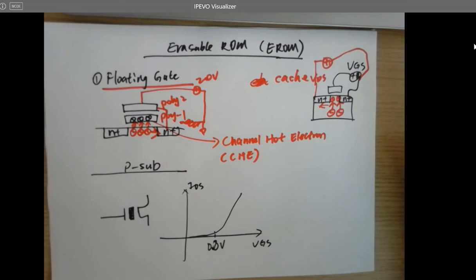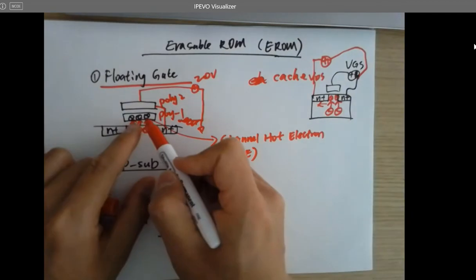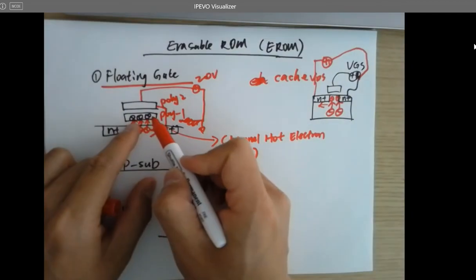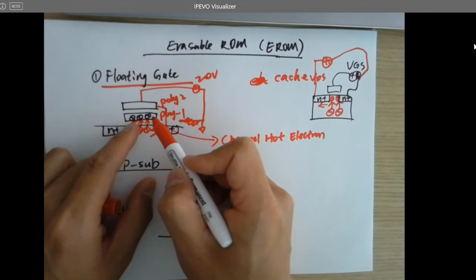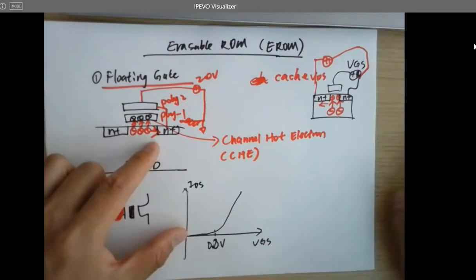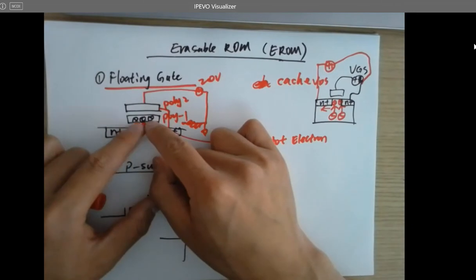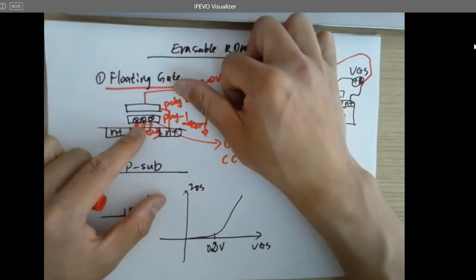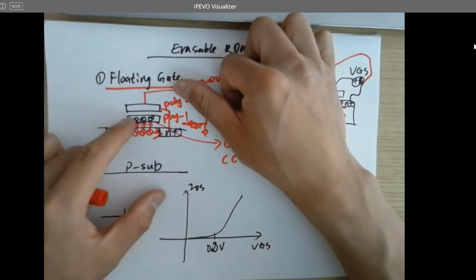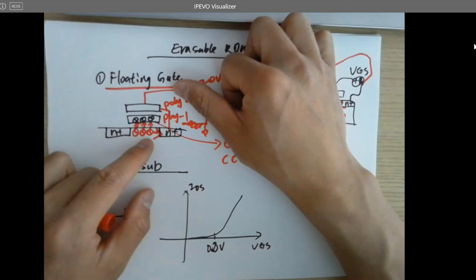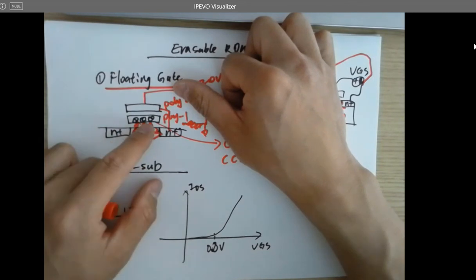Can you imagine? Just think about if there are not electrons trapped in poly 1, but some positive charges, holes, being trapped in poly 1. If you have enough holes, you don't even need a VGS, it's positive enough to invert the channel. So holes are helping invert that channel.